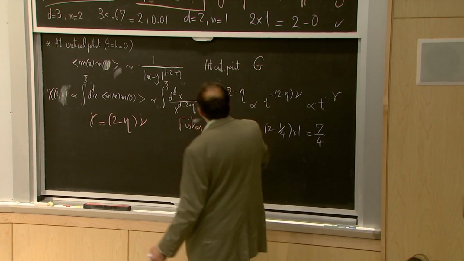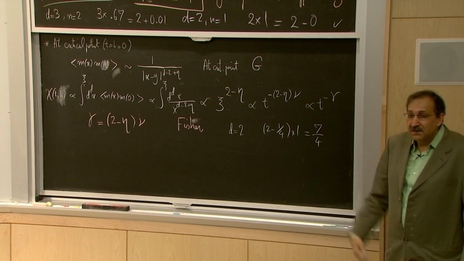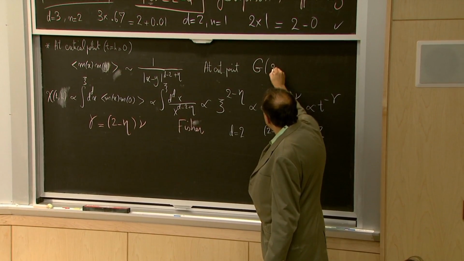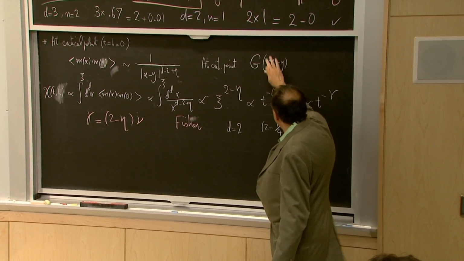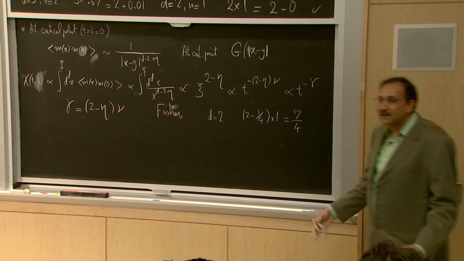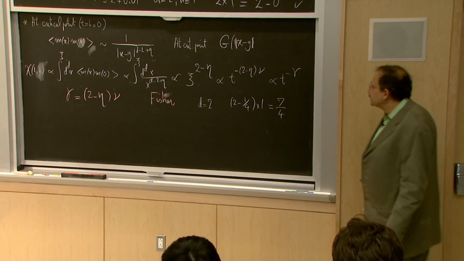Okay? So the statement is that when we are at the critical point, I look at some correlation, and this was the magnetization correlation, but I can look at correlation of anything else as a function of separation, and this will only fall off as some power of separation.